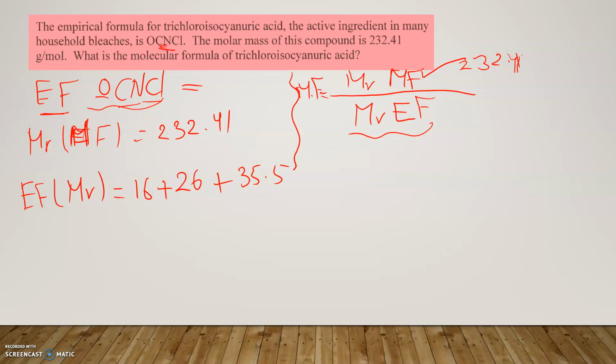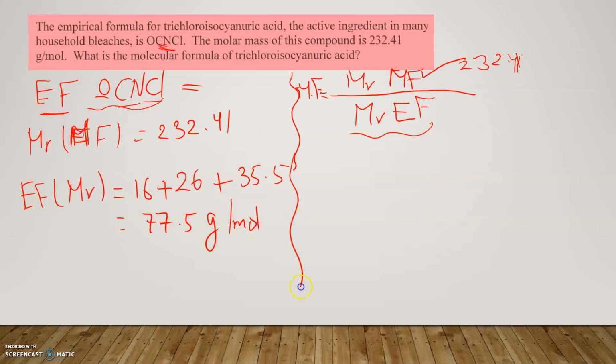Let's add these: 16 plus 26 plus 35.5 is 77.5. So this is the molar mass of the empirical formula, grams per mole.